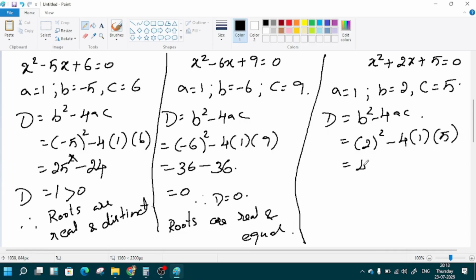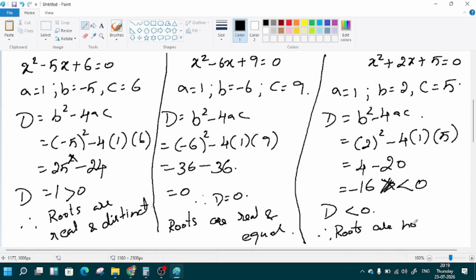So 2 square is 4 minus 4 ones are 4, 4 fives are 20. So our answer is -16 here, which is less than 0. So D is less than 0. Therefore roots are non-real.